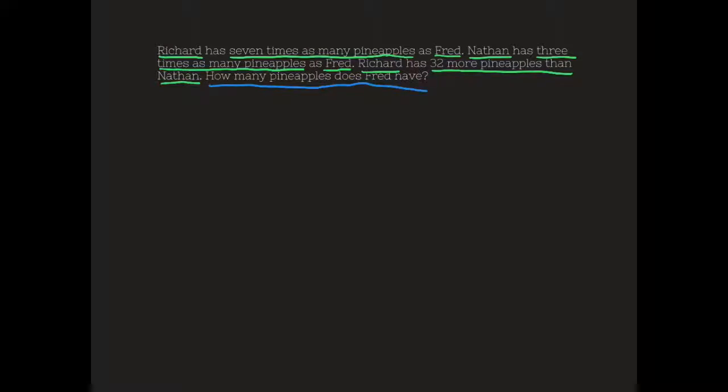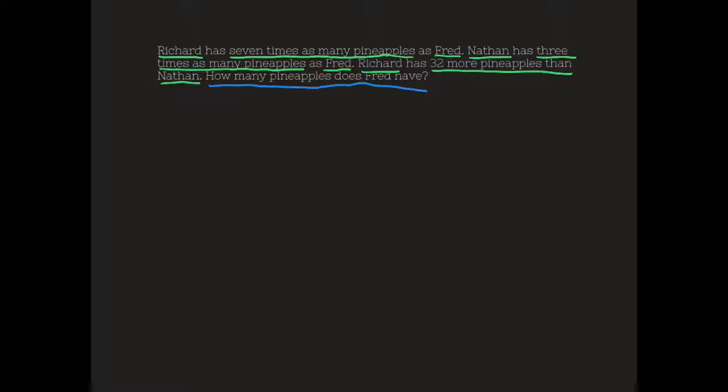Now, the first step in solving this problem will be the guiding step for the rest of the problem. When you see many variables, you should first give a variable to every single name or number that you see. You've got Richard, Nathan, and Fred, the 3 people in this problem.